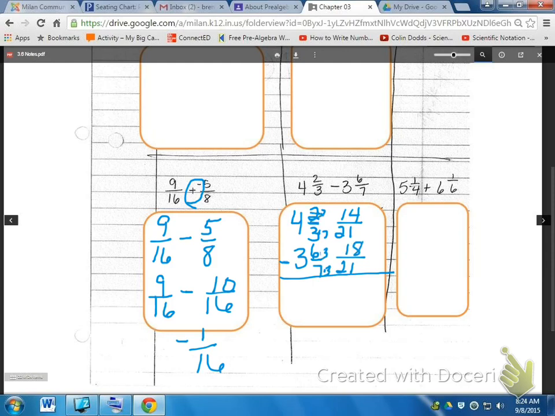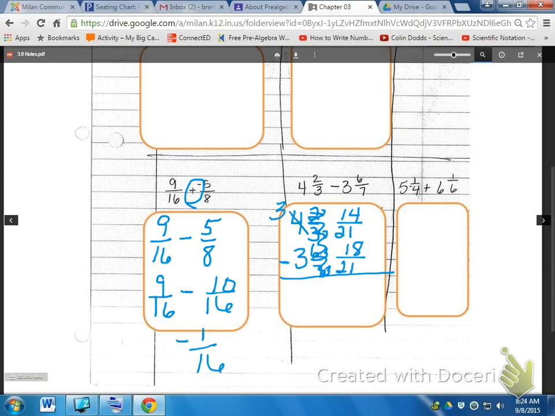So when I look at this, I'm going to kind of mark that middle section out. I've got 4 and 14 over 21 minus 3 and 18 over 21. I can't take 14 minus 18 when it's attached in a mixed number. So I have to borrow from my 4 and make it a 3.